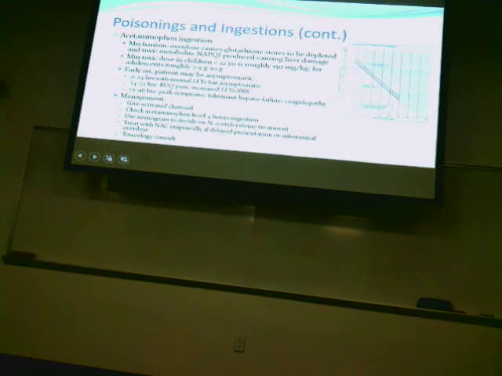If you're above this line, this is where you would treat with NAC. So sometimes you might just treat with NAC empirically if it's a delayed presentation or there's substantial overdose where they took just lots and lots of Tylenol. Of course, you want to call that poison control hotline and get that toxicology consult because they'll be able to help you out with that as well.